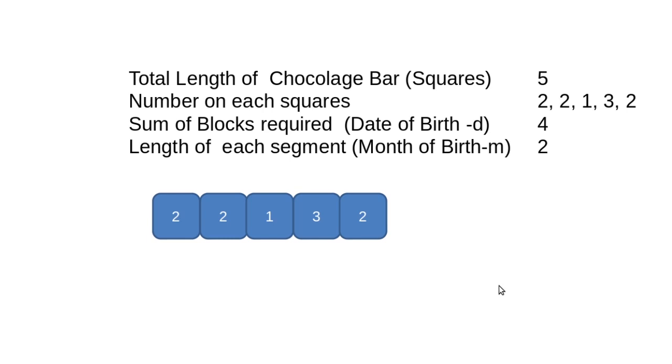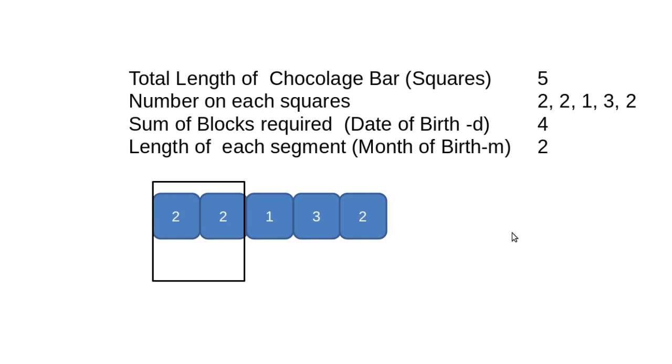Now first we'll select the first two squares, like this. Now why did we select these two? Because as per the requirement, the length of the segment you select should match the value of m, right? Now you add up the values of this particular segment, which is 2 plus 2, and then you compare whether it matches the value of d, right?